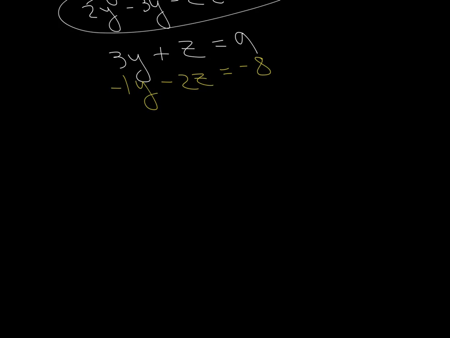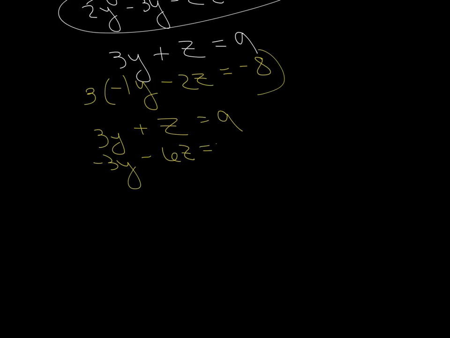In order to keep going here, I need to make this y a negative 3y instead of a negative 1y. So I'm going to multiply. I'm going to write the top one as is, and distribute that 3. I multiplied it by this, this, and that.